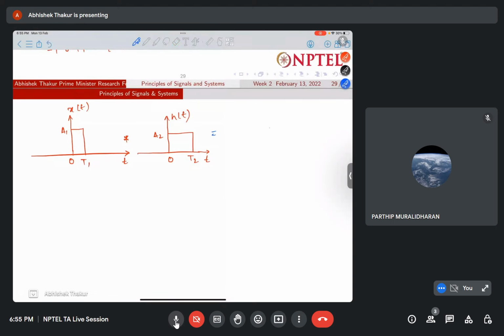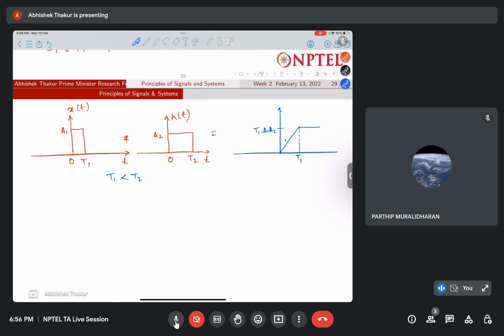We know this. And what are the steps to solve? First, the lower limit is 0 plus 0, that is 0. Here it is given that T1 is less than T2, so the rising arm will be the lower width of both pulses. Which one is lower? That is T1. So this will be T1 and this value will be T1 into A1 into A2.